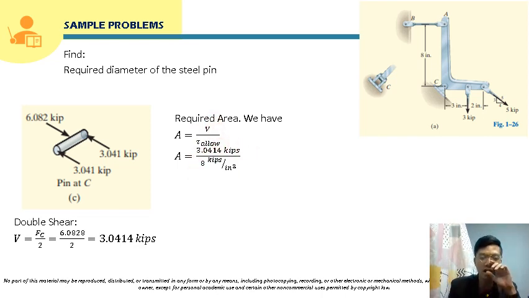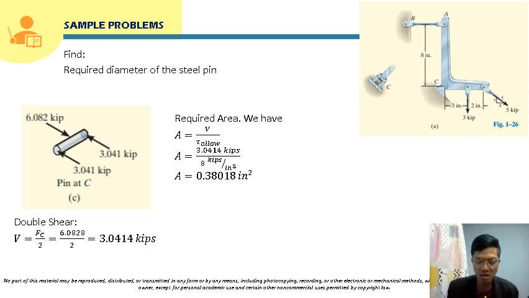Solving for the area, if you input that in your calculator, 3.0414 kips over 8 kips per inches squared, that will be 0.38018. The unit for the area here will be inches squared, since this is ksi.